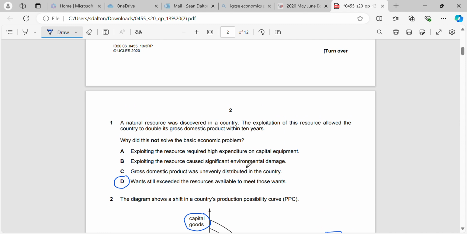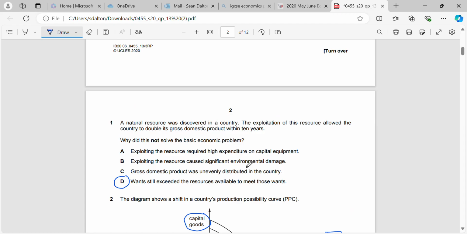Right? All we have to do is remember what the basic economic problem is. Limited resources, unlimited wants, scarcity, choice, opportunity cost. Okay? I've given you that in numerous other papers. Every time that's what we're looking for.